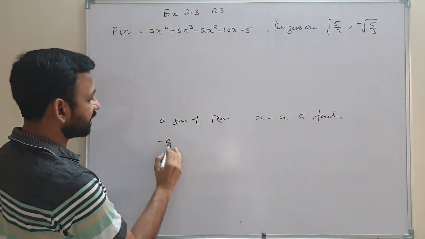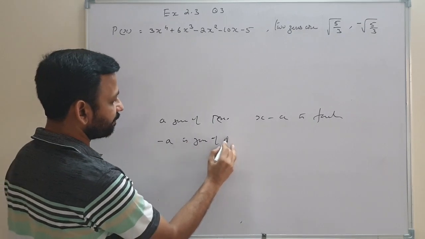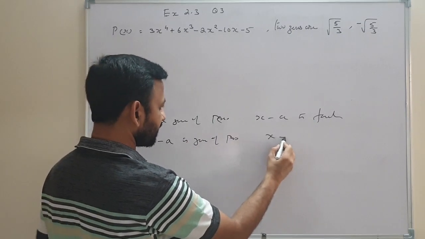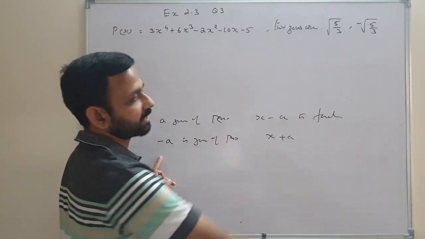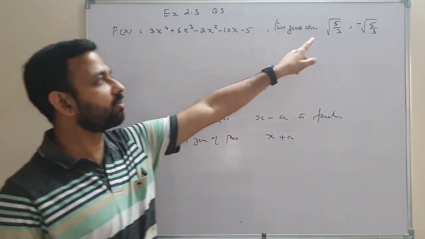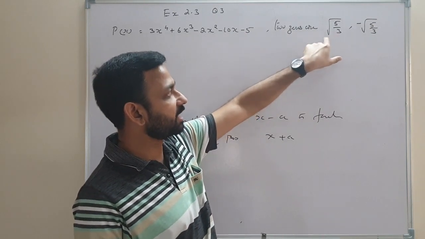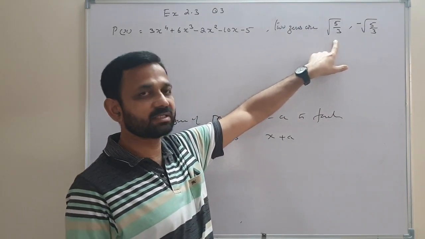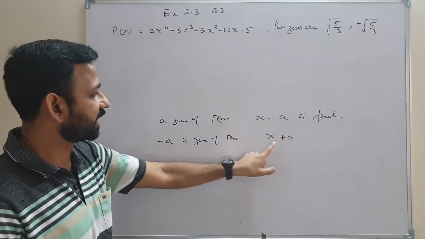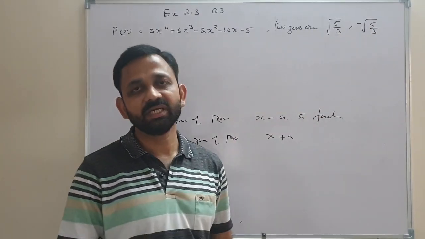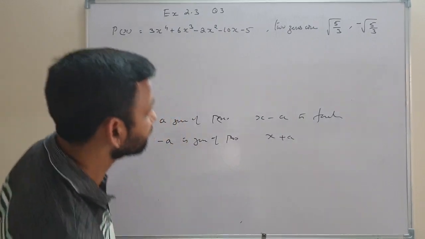If minus a is a zero of p(x), then x plus a is a factor. So here root 5 by 3 is a zero, so x minus square root of 5 by 3 is a factor. And minus root 5 by 3 is a zero, therefore x plus square root of 5 by 3 is a factor of that polynomial.